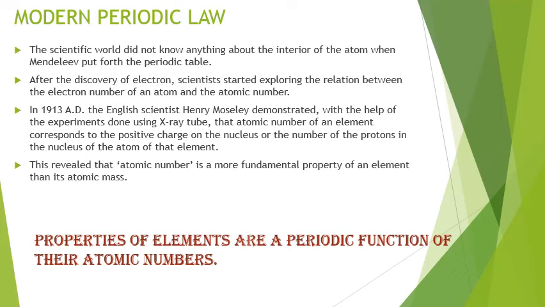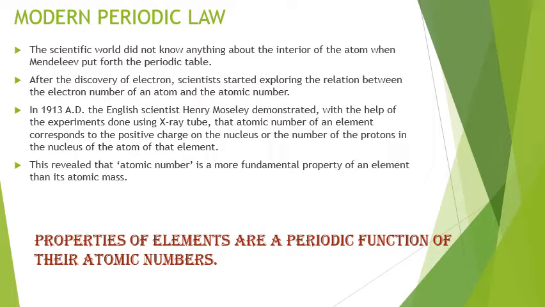Are you getting it? So, what is the modern periodic law? Properties of elements are a periodic function of their atomic numbers, not atomic masses. Mendeleev said that properties of elements are periodic functions of their atomic masses, but the modern periodic law states that they are periodic functions of their atomic numbers.